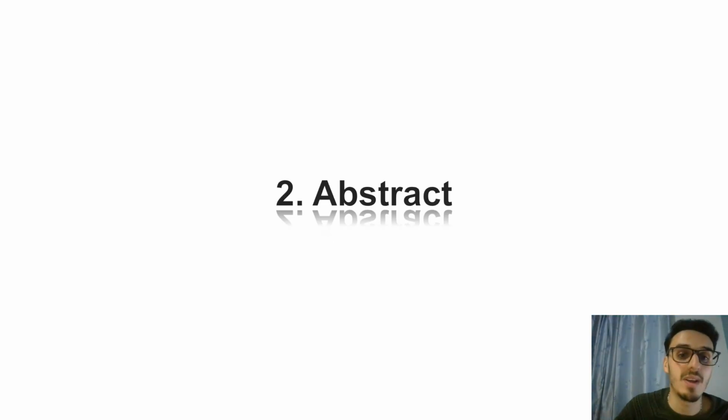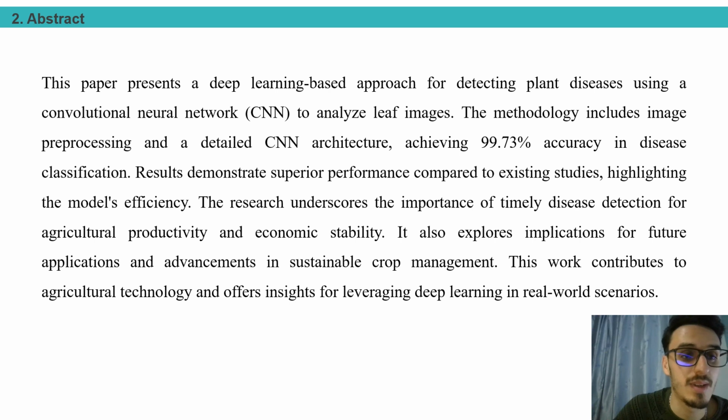So, our abstract. This presentation presents a deep learning approach for detecting plant diseases using convolutional neural networks to analyze leaf images. The methodology includes image processing and the detailed CNN architecture, achieving 99.73% accuracy in disease classification.